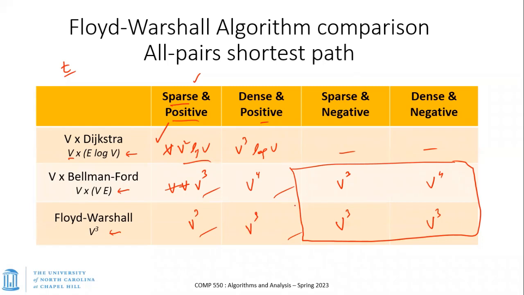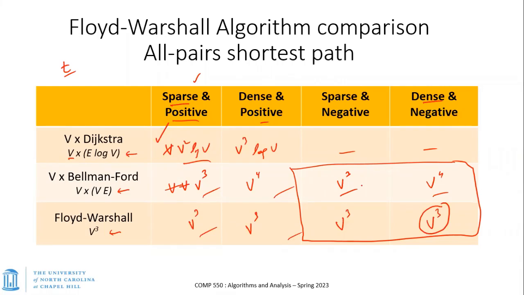If you have a dense graph, regardless of whether it has positive or negative weights, then clearly Floyd-Warshall is the best. You can't apply Dijkstra with negative weights, and Bellman-Ford becomes V to the power 4.